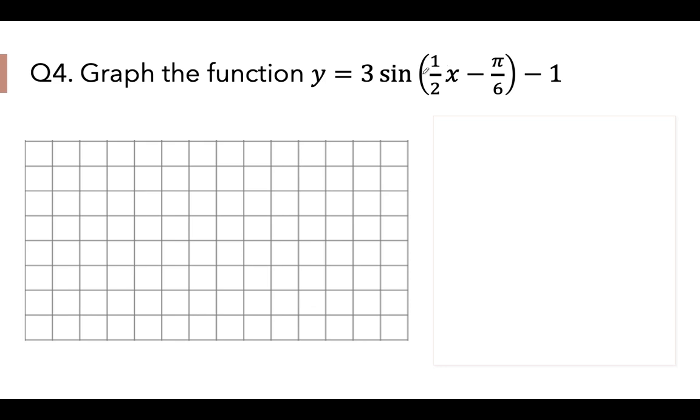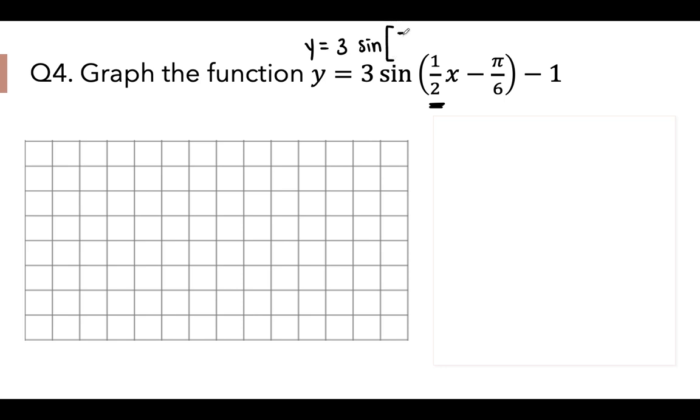Now, one thing that's different this time is you will notice that you have an expression, but the b value is not factored out. The b value, if there's an expression, it must be factored. So in this case, I could say y is equal to 3 sine, whatever is in front of x, that's what you're going to factor completely.